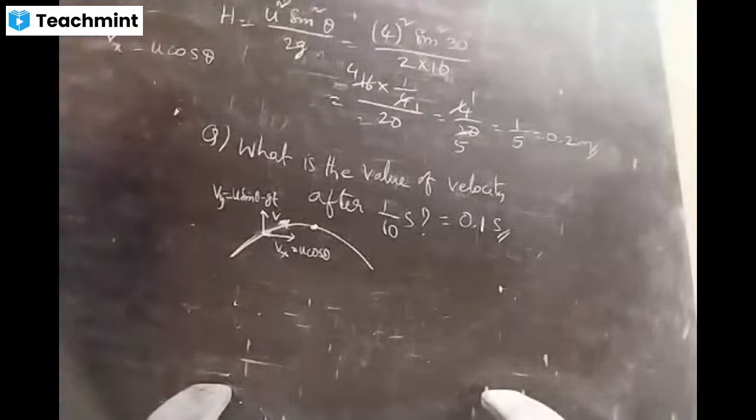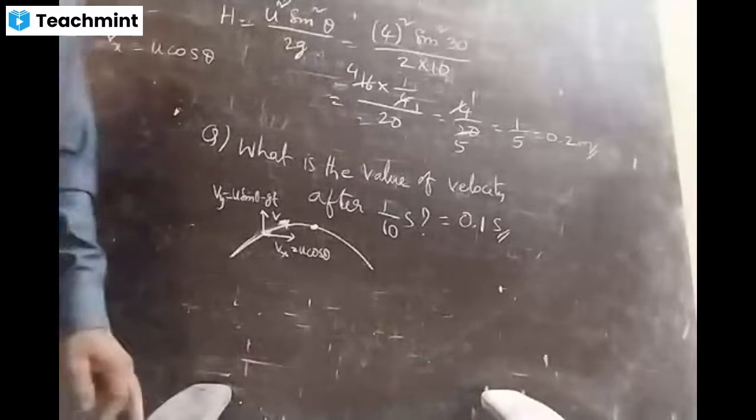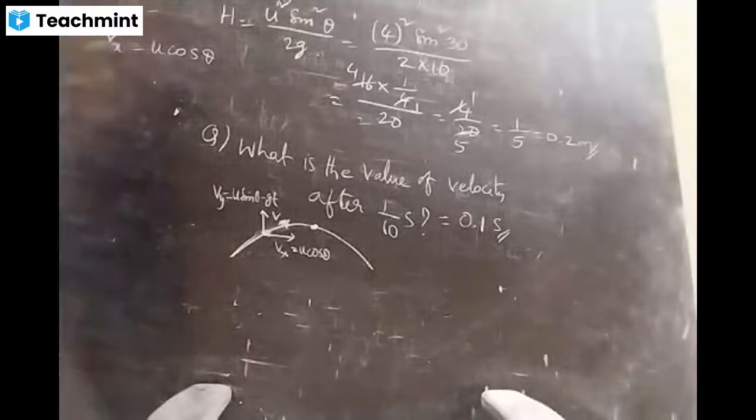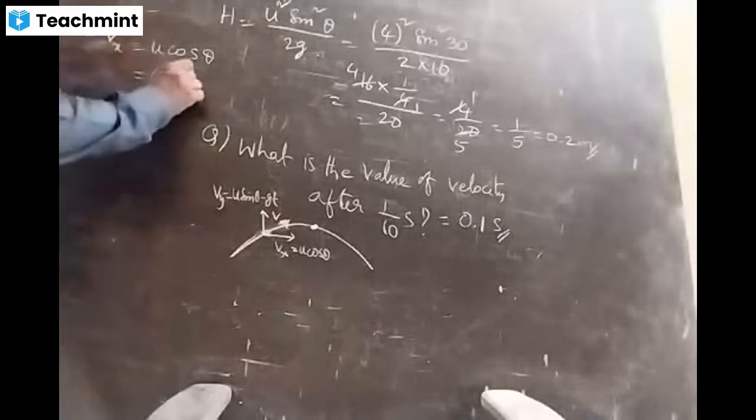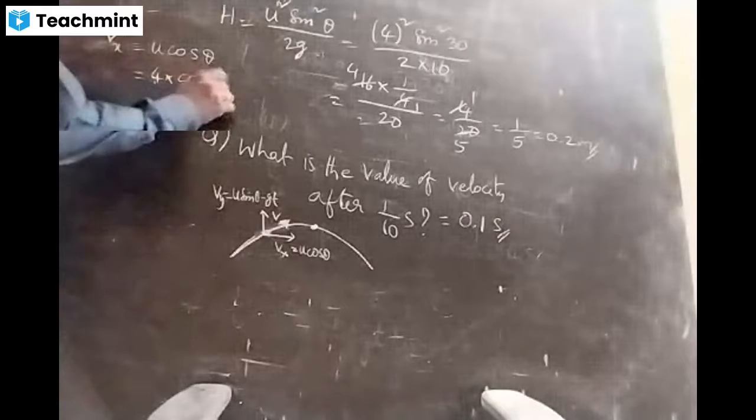The horizontal component of velocity remains the same throughout. Cos 30 degrees gives 2√3 meter per second. Now I want the value of Vy.